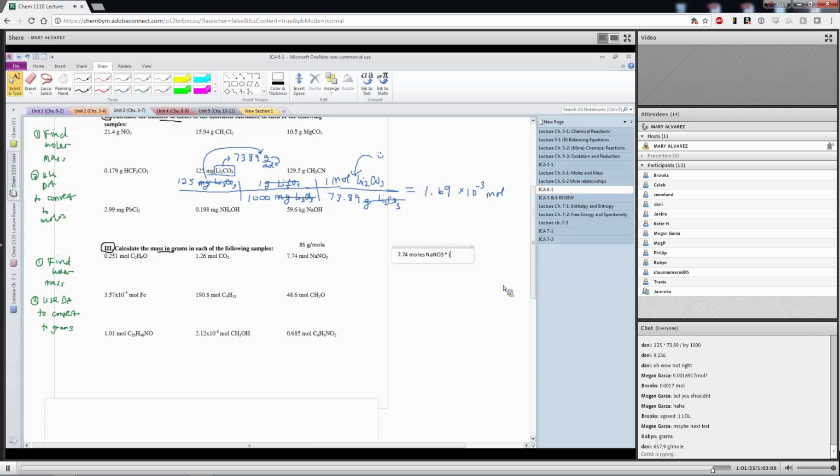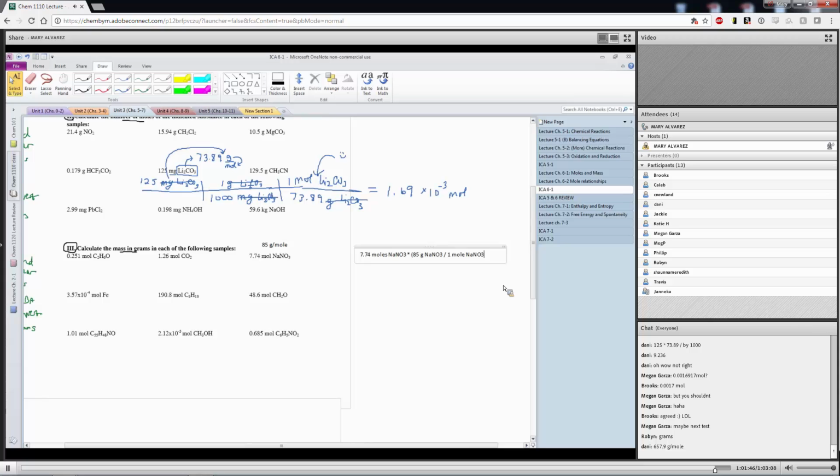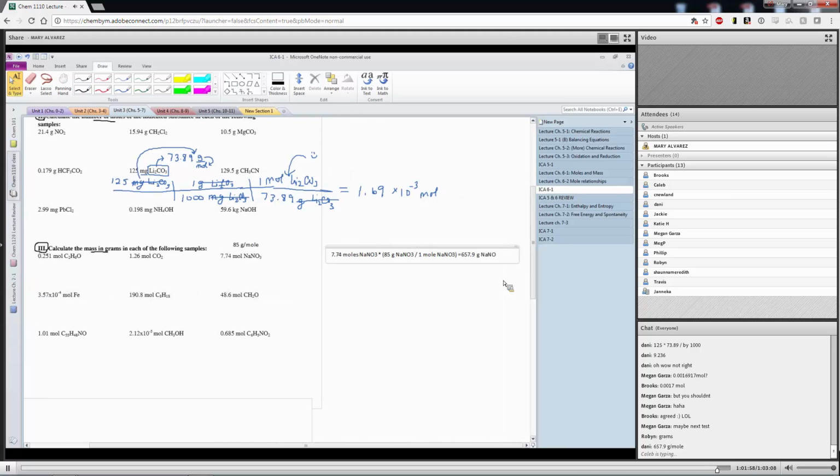So we're going to leave 85 grams of NaNO3 on top. And then on the bottom, we're going to have 1 mole of NaNO3. When I multiply that through, I should have 657.9 grams of NaNO3, because my moles canceled.